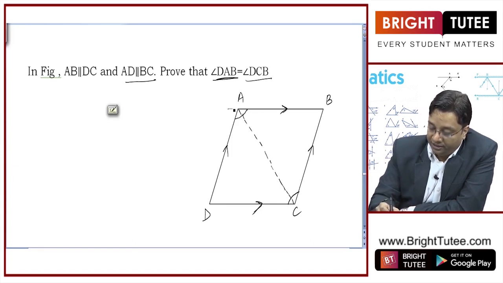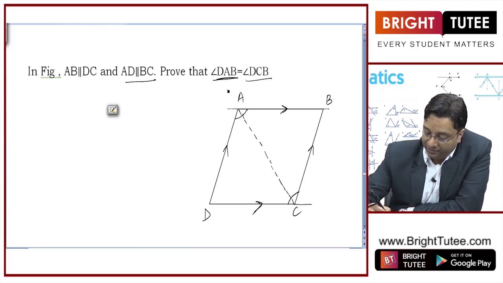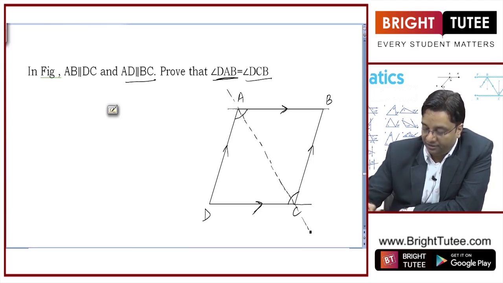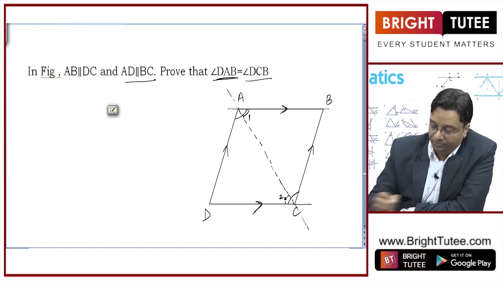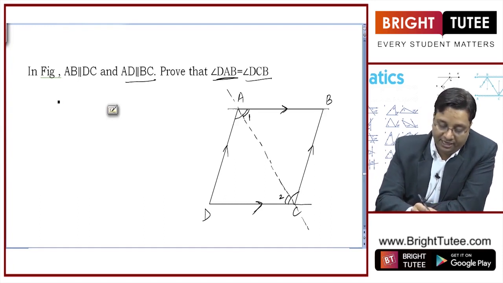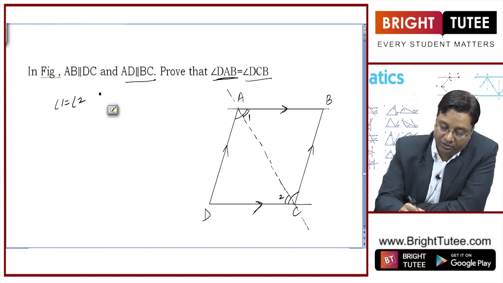You may like to extend these lines to visualize it clearly. Now look at this. This is a transversal AC. Okay, so if this is angle 1, and this is angle 2, what I can say about these angles? Angle 1 is equal to angle 2 because these are alternate interior angles.